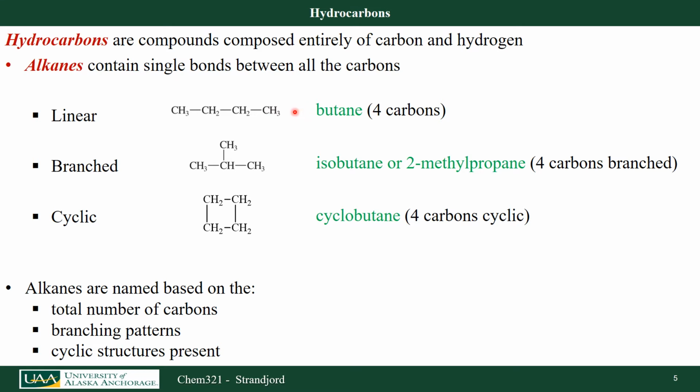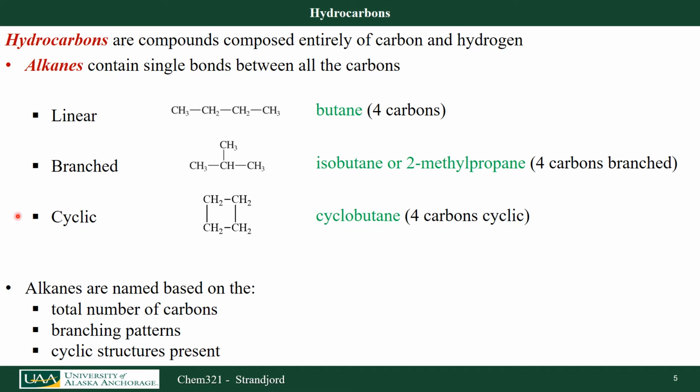It contains 4 carbons. Alkanes can also exist as branched molecules where I have a branch here. I have 3 in a row, then 1 branching off the center. This is called isobutane, or with the IUPAC nomenclature, that would be 2-methylpropane.